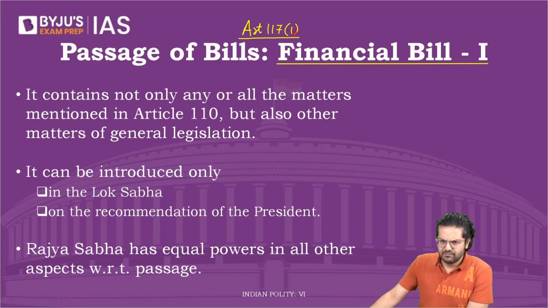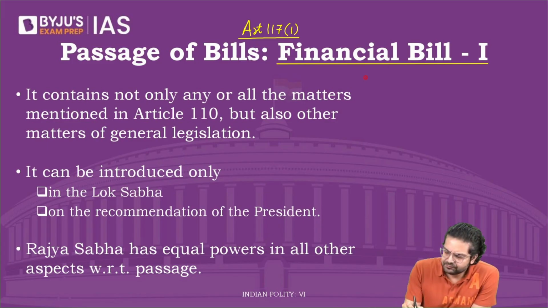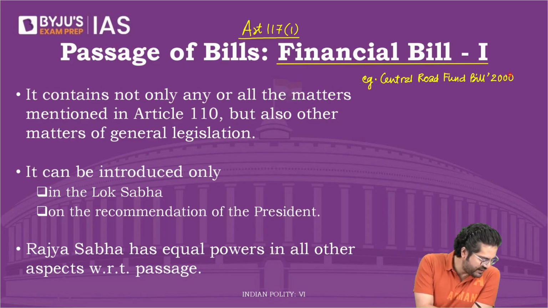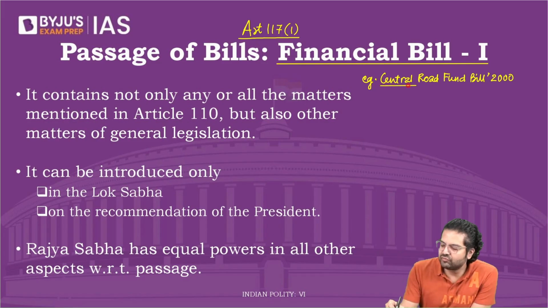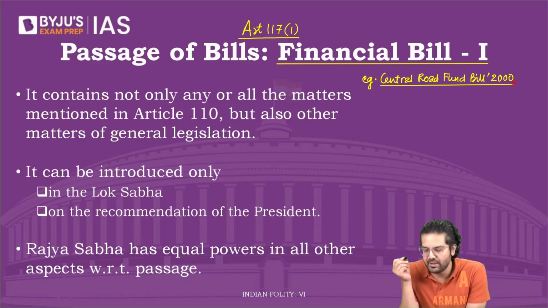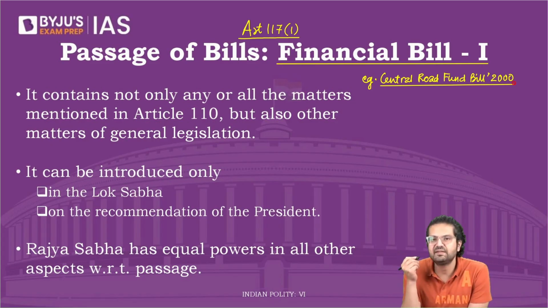So, back in the year 2000, the government wanted to improve the condition of roads because it was found through NCRB data also that most road accidents happen because of poor quality of roads. Okay, so the concern was that if we don't improve the condition of roads, then the deaths will keep on happening.